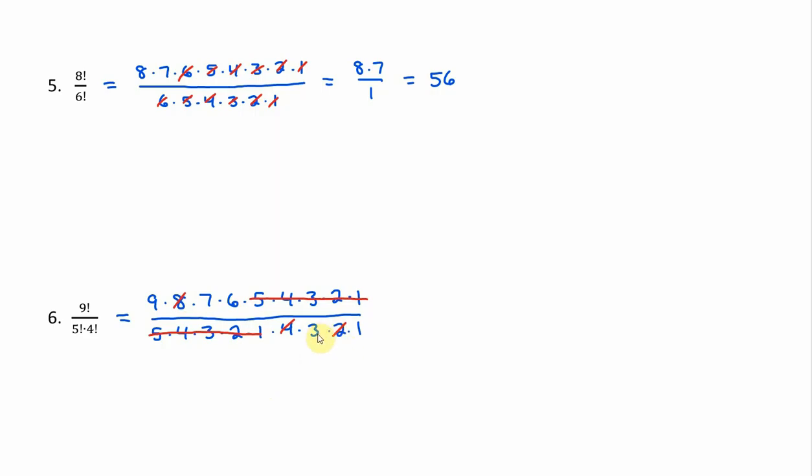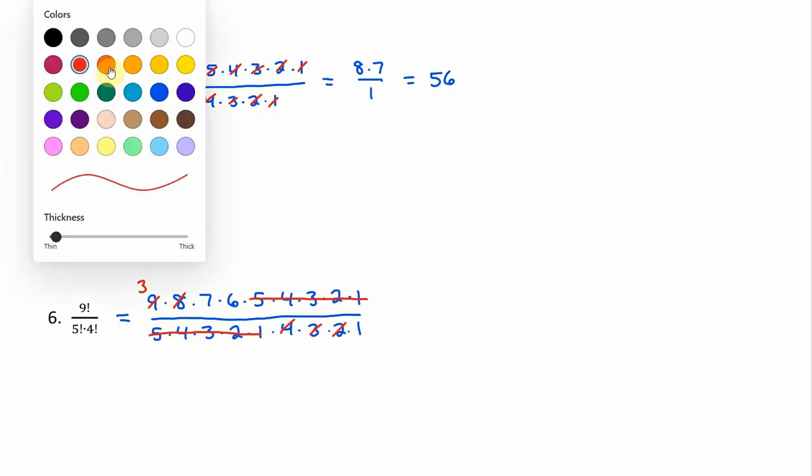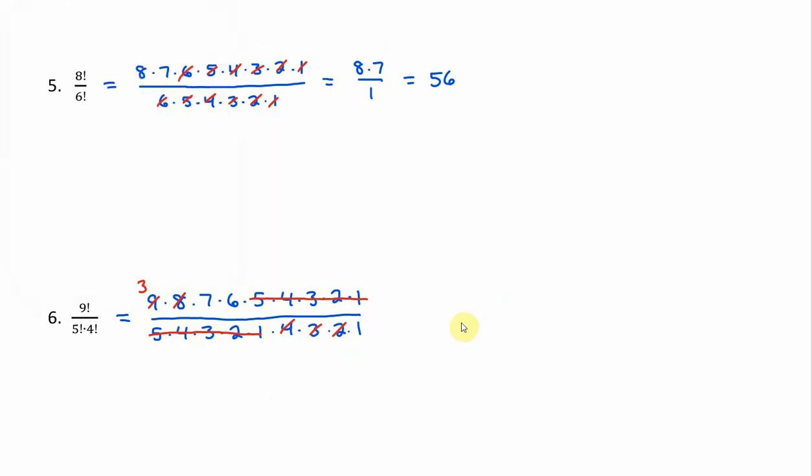You can play that one either way. I'm going to go 3 into 9. So then all I'm left with is 3 times 7 times 6. And then I've got a 1 on the bottom, right? So that's really just 3 times 7 times 6. And that's 21 times 6, so that is 126.